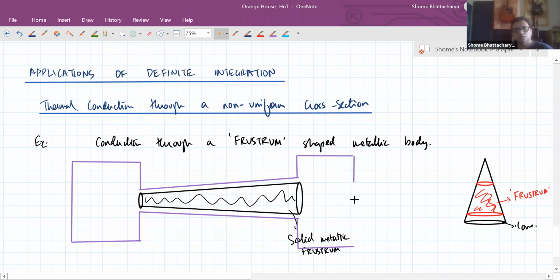If you want to see how we can calculate the rate of thermal conduction: this end is maintained at temperature T1, this end is maintained at temperature T2.